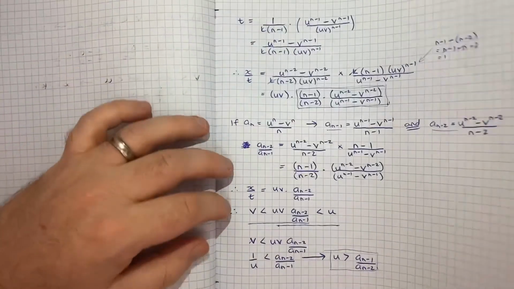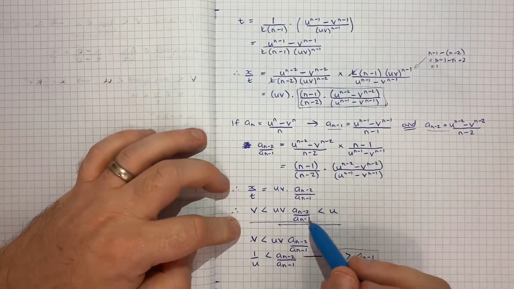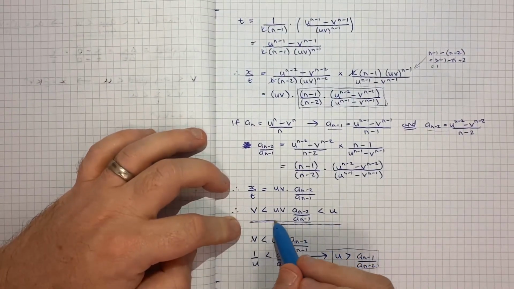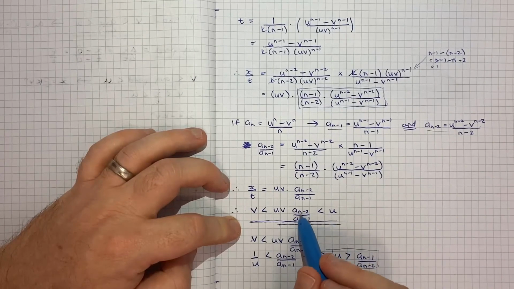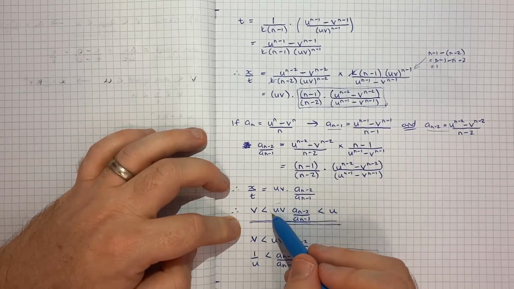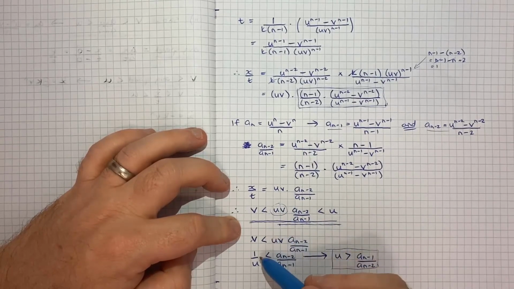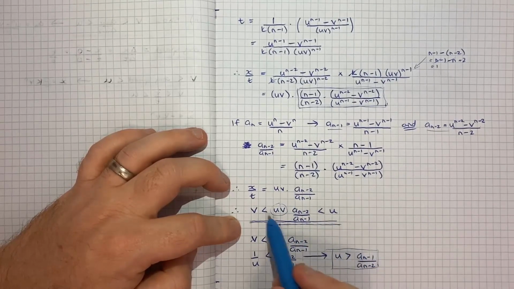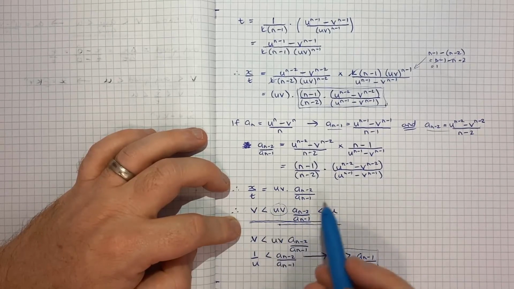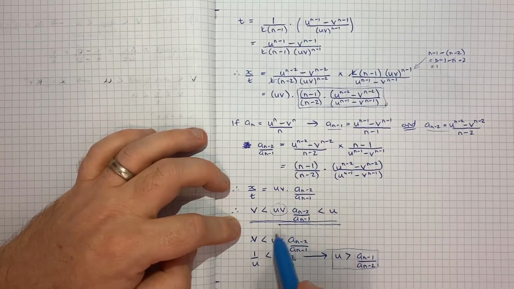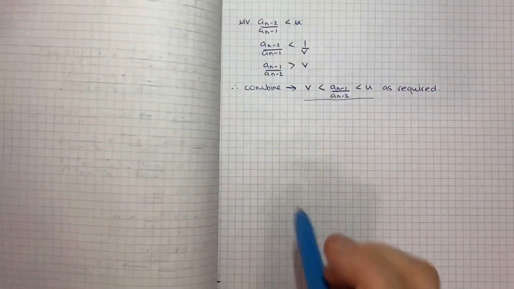It's possible to make some mistakes once you get here. In terms of this uv being there and reversing the signs, you just have to be very careful and work through it one step at a time. Often when you're dealing with inequalities on both sides, it helps to deal with one part at a time and then combine them later.